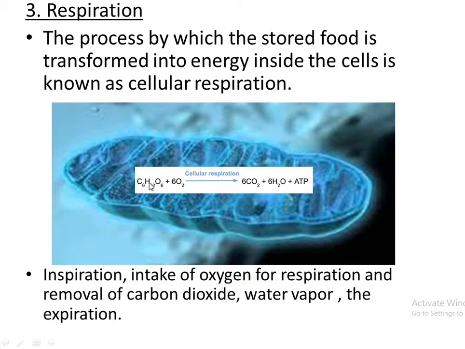So in this process, C6H12O6 is glucose and it is stored in your cells. Now this stored glucose or food is transformed into ATP, which is energy inside the cell, and this transformation of stored food or glucose into ATP or energy is what we call respiration.